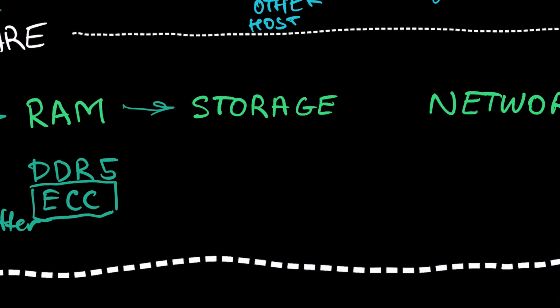Let's go next. The next one is storage. Storage we can divide into 3 categories. That is old spindle disks HDD, solid state disks SSD, and more or less modern is NVMe.